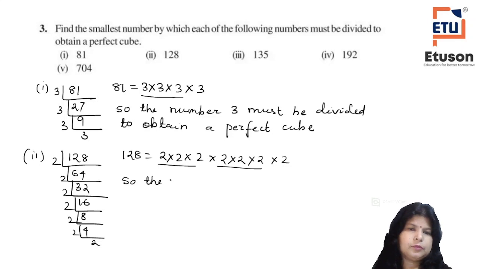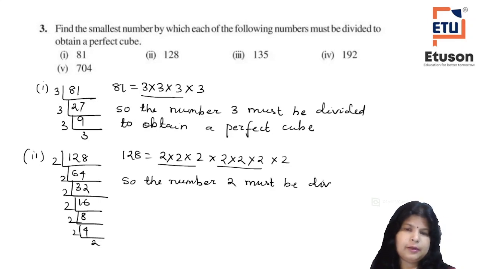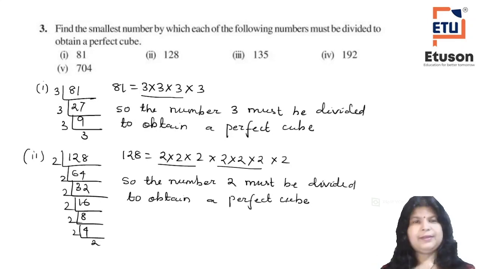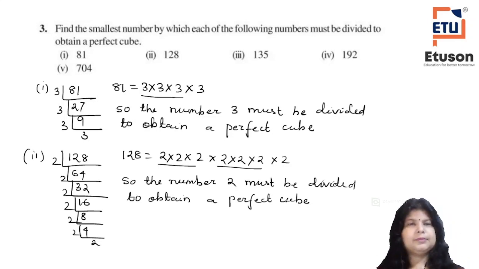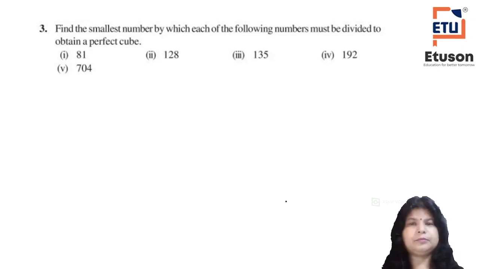So the number 2 must be divided to obtain a perfect cube. Right? Now let us go to the next page.